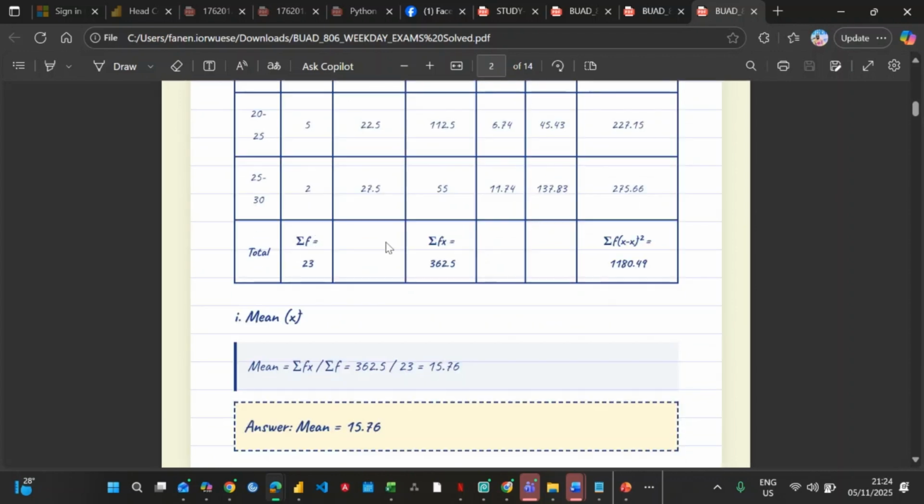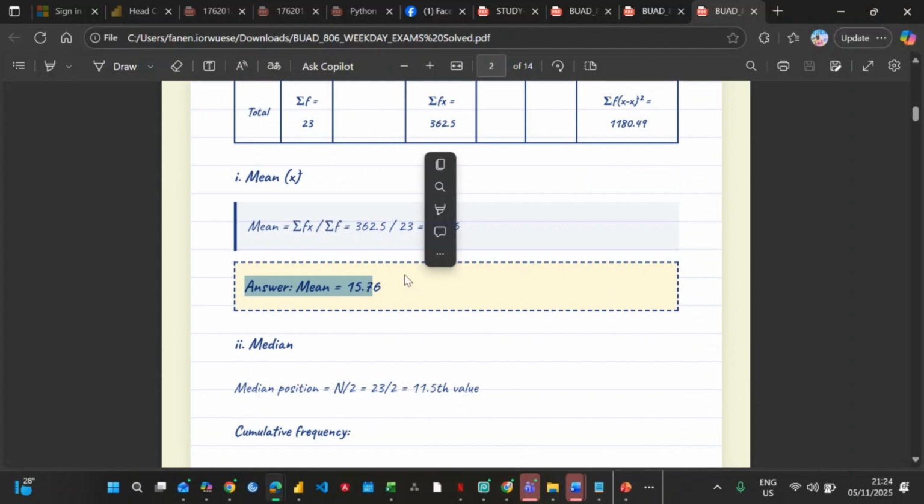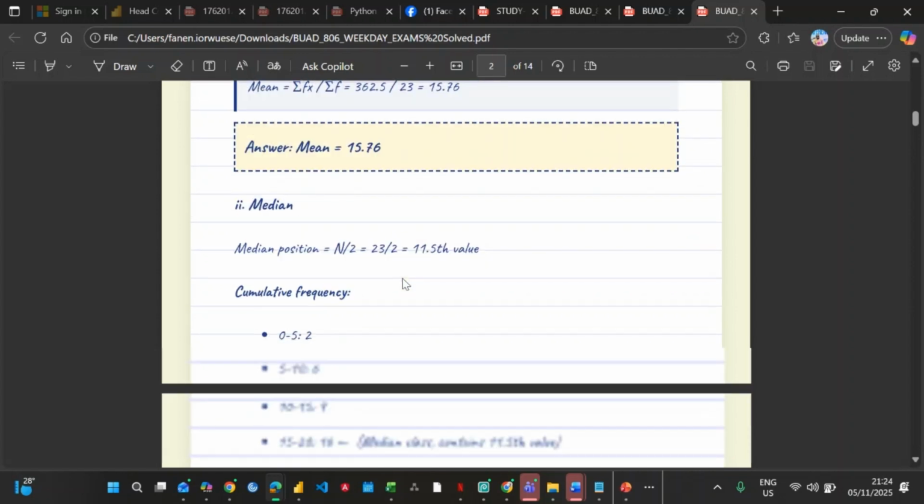What it means is if I add this from the beginning to the end where it stops here, I have sigma f. Then add this one to this, I have sigma fx. So for me to get my mean, I'm going to divide 362.5 by 23, it will give me 15.76. That is, I've answered one question. Simple as banana.